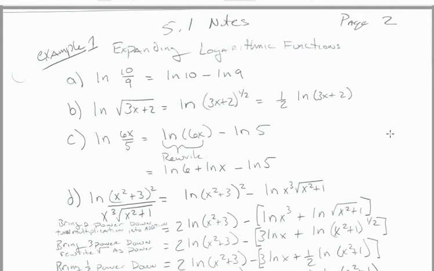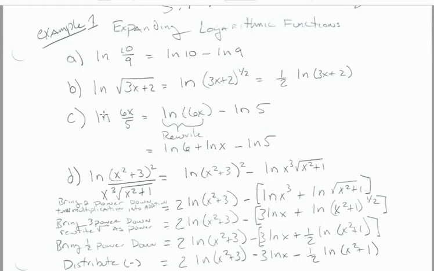It's not being multiplied. So when we apply these rules, they're going to apply with an exponent, they're going to apply with multiplication and division. We will not be able to combine addition and subtraction and undo those unless there's a natural log in front. So if there's just a quantity like this binomial in part B, that's as simple as it's going to get.